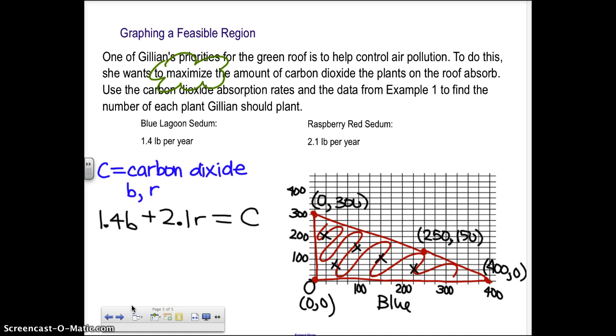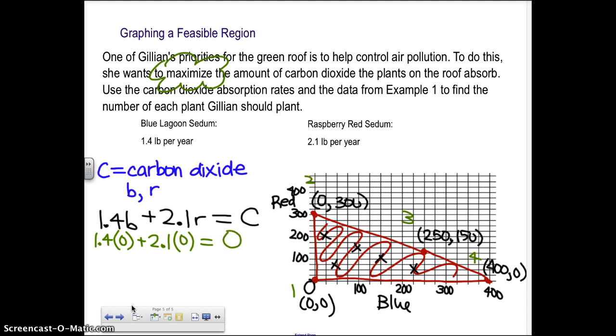Okay? We have 4 ordered pairs to try: 0, 0, 0, 300, 250, 150, and 400, 0. So we do the first one: 1.4 times 0 plus 2.1 times 0 equals C. So C here is just 0.